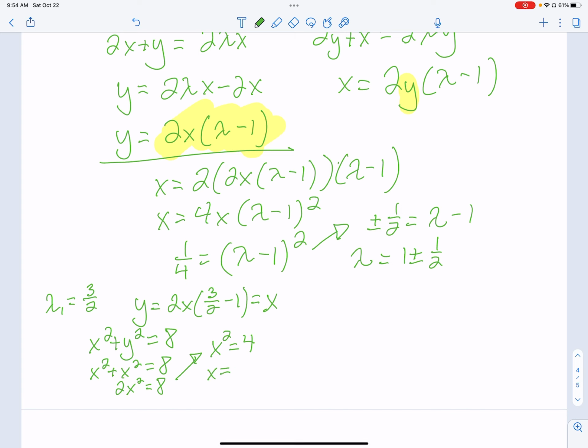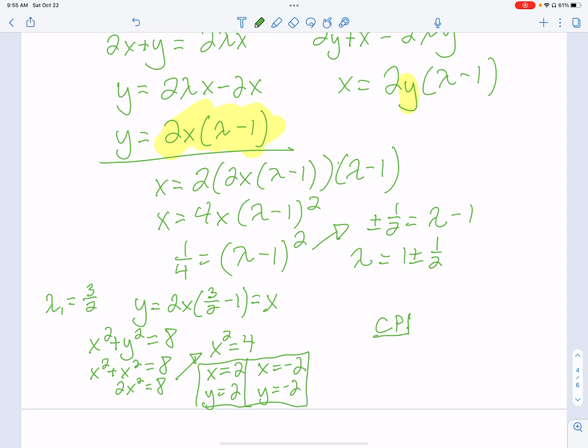So if x is 2, according to y equals x, y is 2. So that's one of my critical points. And then if x is negative 2, y is negative 2. So there's my other critical point from that.